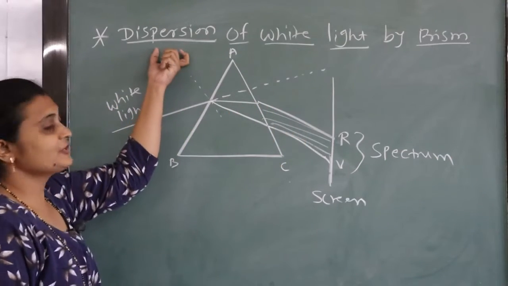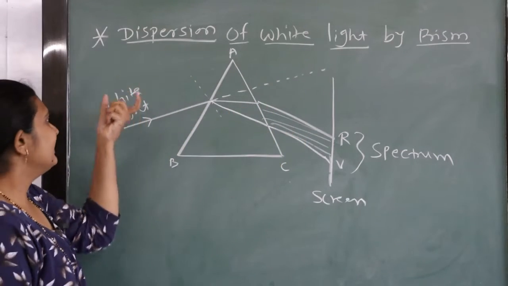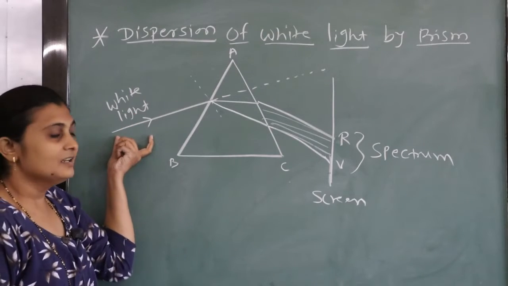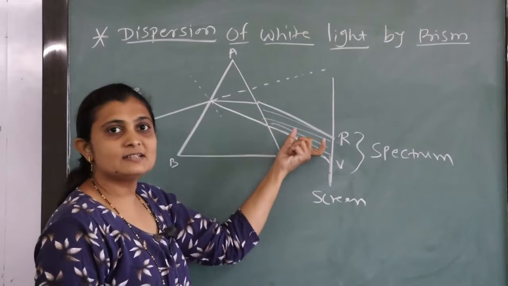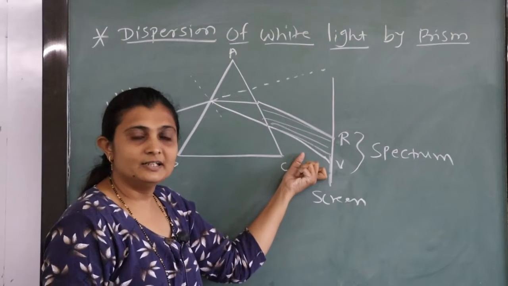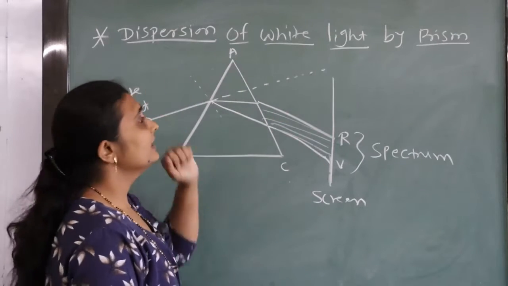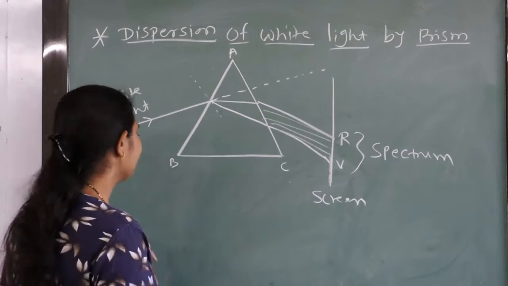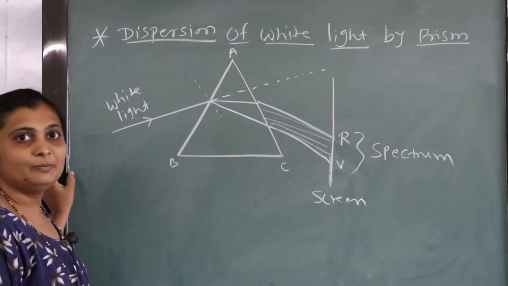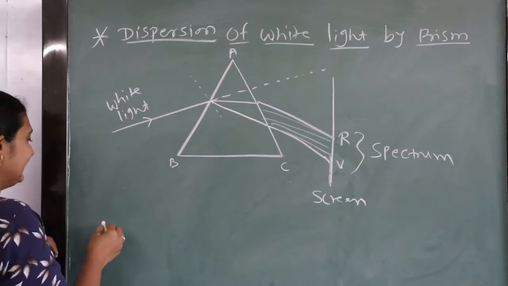Now what is the dispersion? Dispersion means when white light is converted into its 7 constituent colors. This phenomenon is called the dispersion of white light. We write here the definition of dispersion of white light.